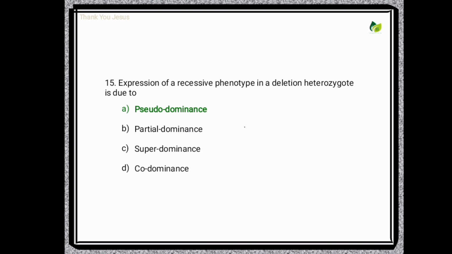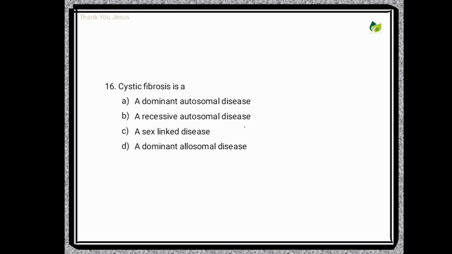So when there is no dominant gene, the recessive gene will express. In this, only a single recessive allele is present, so it will be expressed. It is also called hemizygous condition or deletion heterozygote. That is called pseudodominance. Okay, so let's see the next question.